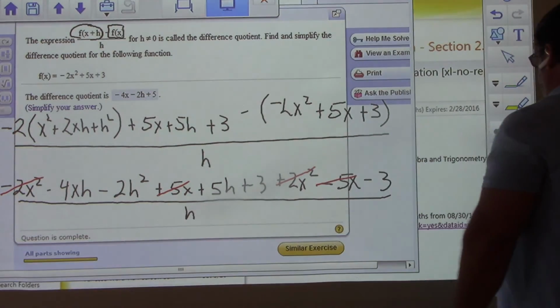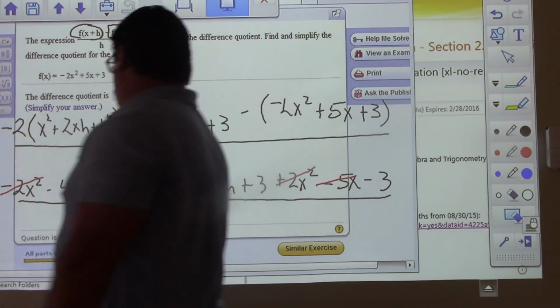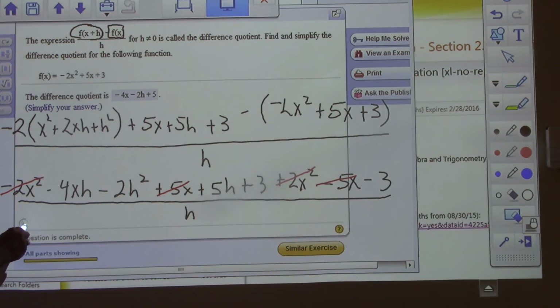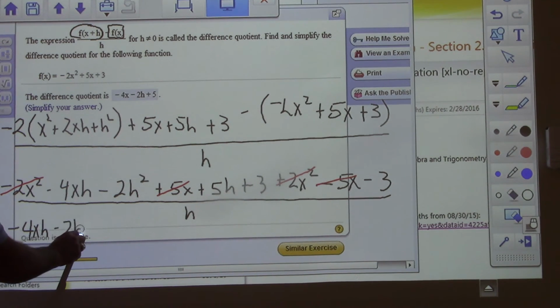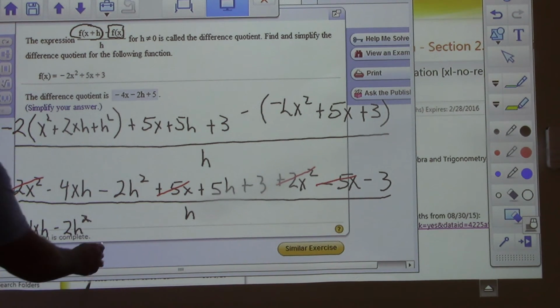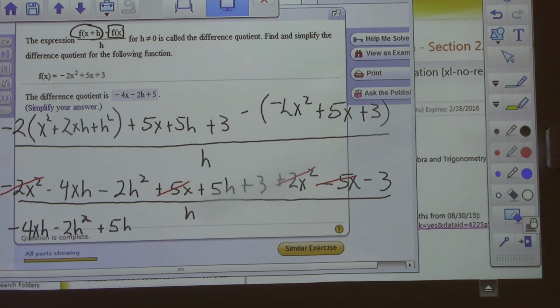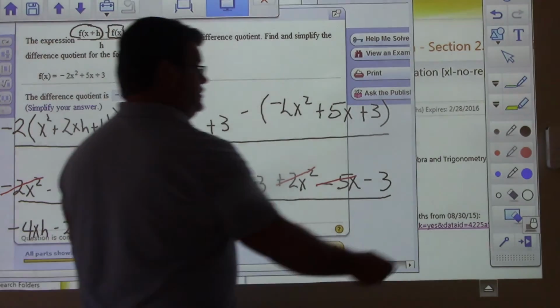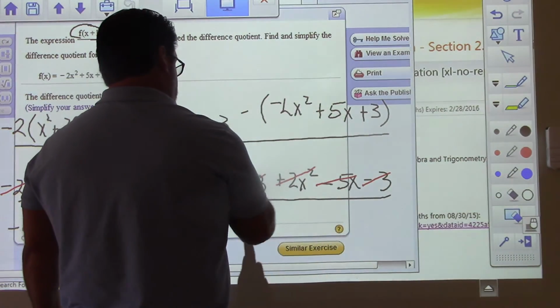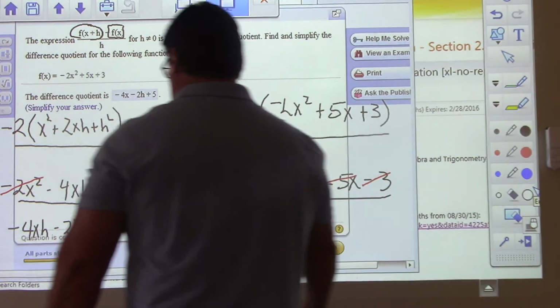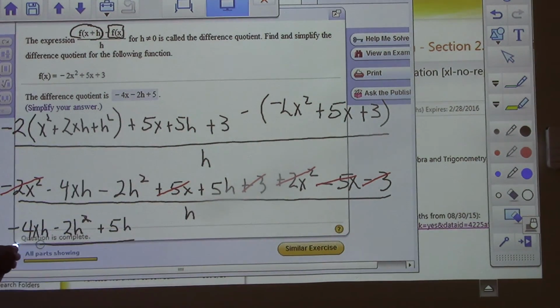So let's rewrite it. Negative 4xh minus 2h squared plus 5h, plus, oh, the 3's cancel too. I didn't know that. That's good. Don't have to worry about them either. Over h. And what can we factor out of the top? An h.